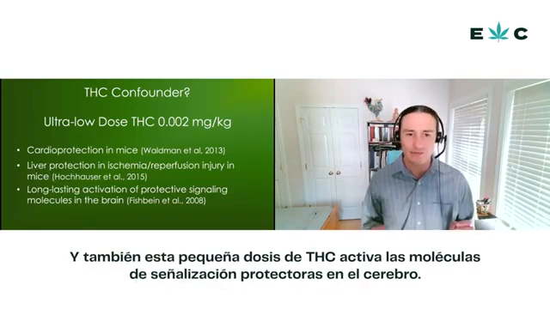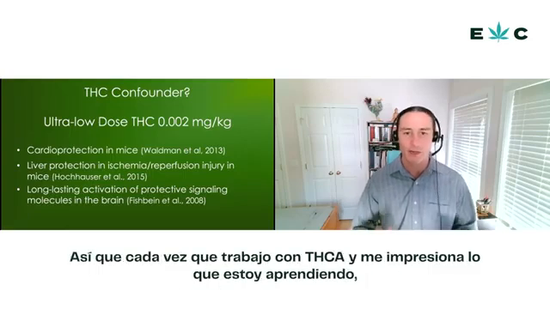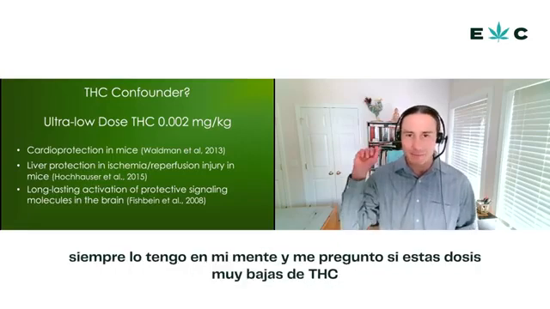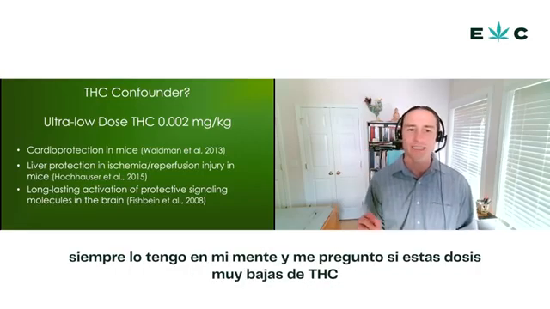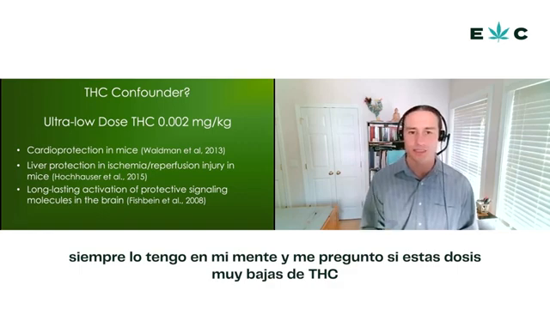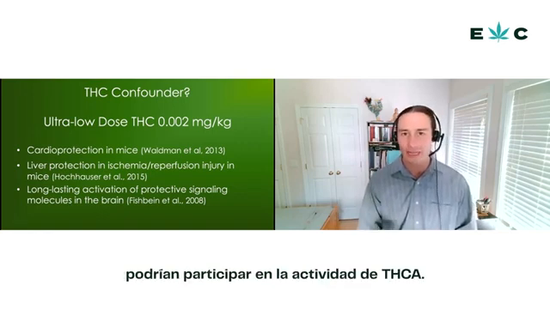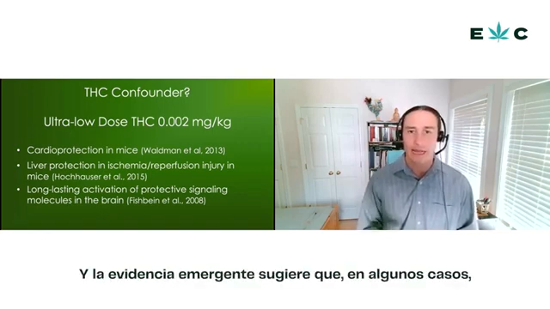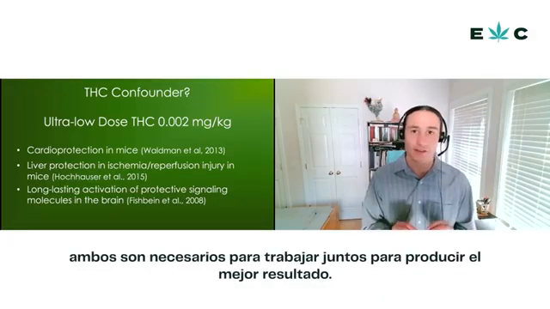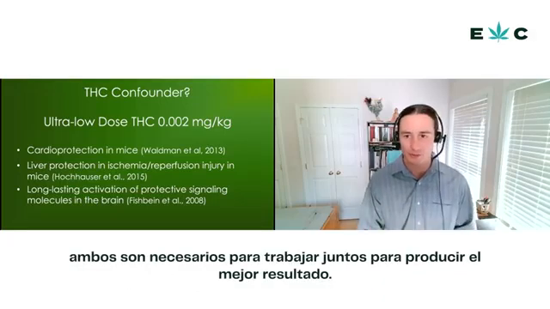And also this very, very small dose of THC has been shown to turn on protective signaling molecules in the brain. So whenever I'm working with THCA and impressed by what I'm learning about it, always in the back of my mind, I'm wondering, could these ultra low doses of THC be playing a role in the activity of THCA? And the emerging evidence is suggesting that in some cases, both are needed to work together to produce the best outcome.